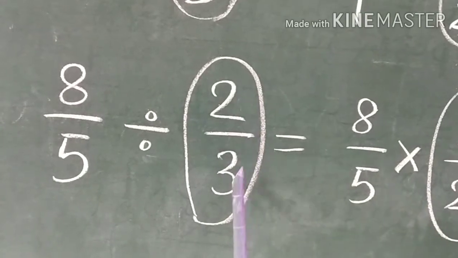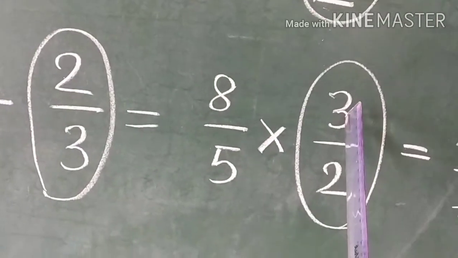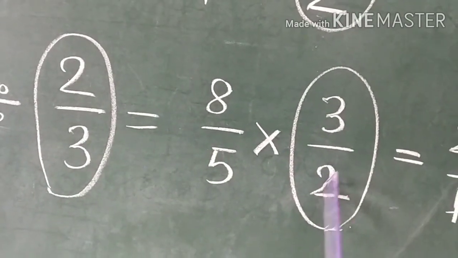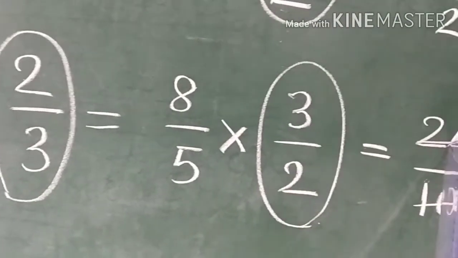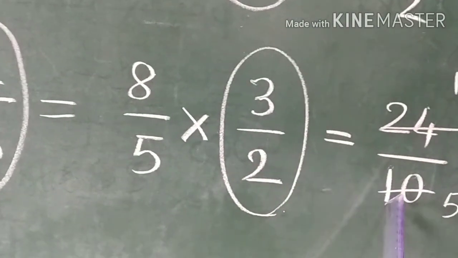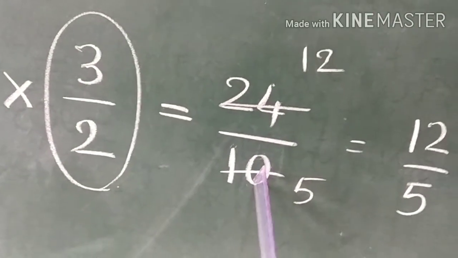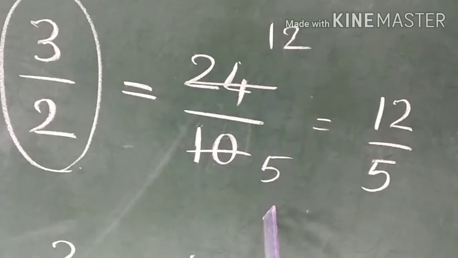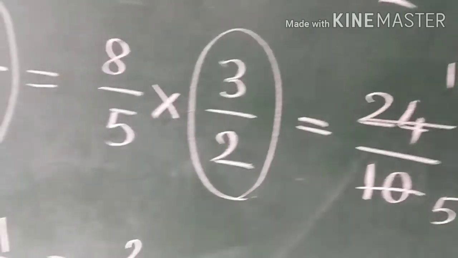We have to write 2 by 3 as 3 by 2. We converted this into the reciprocal of the fraction. So 8 3s are 24. 5 2s are 10. We can simplify this. So again we cancel this. 2 12s are 24, 2 5s are 10. So 12 by 5 is the answer.